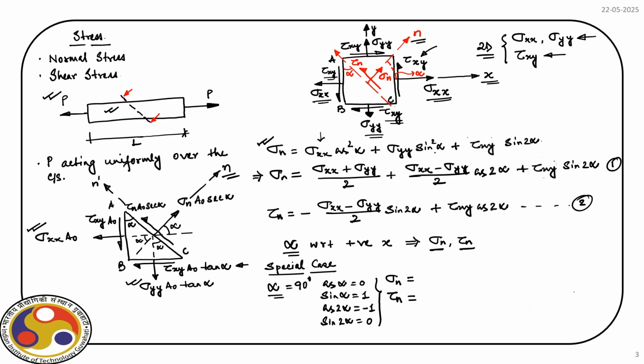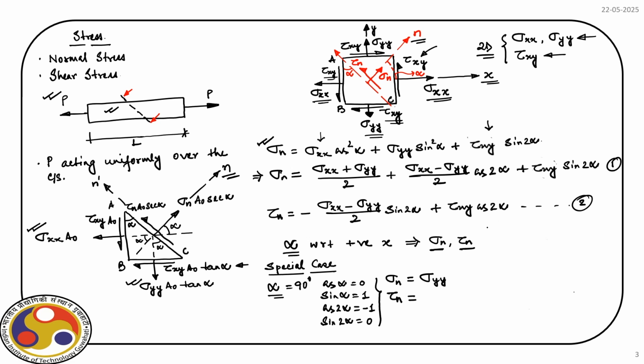However, sin alpha in this case is 1, so sin square alpha is also 1, and we will be having this component sigma yy. Last term sin 2 alpha is again 0, so we will have no component from the third term, which is again logical, because for alpha equal to 90 degree, it is the direction y as per our reference axis, and therefore, along this direction we have only sigma yy acting, and that is what we get from this derivation.